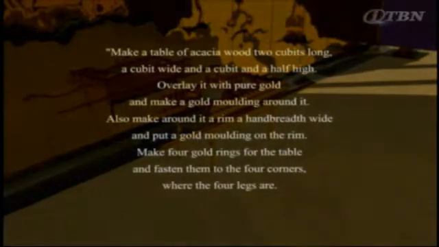Make a table of acacia wood 2 cubits long, a cubit wide, and a cubit and a half high. Overlay it with pure gold, and make a gold molding around it. Also make around it a rim a handbreadth wide, and put a gold molding on the rim. Make 4 gold rings for the table, and fasten them to the 4 corners, where the 4 legs are.